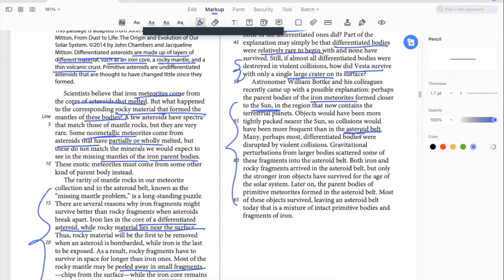And because they were more tightly packed near the sun, they would have had more collisions. And so more differentiated bodies were disrupted by violent collisions. And so most of them were destroyed, and only a few survived to come to the asteroid belt. Right? So that's the explanation that Botke comes with.